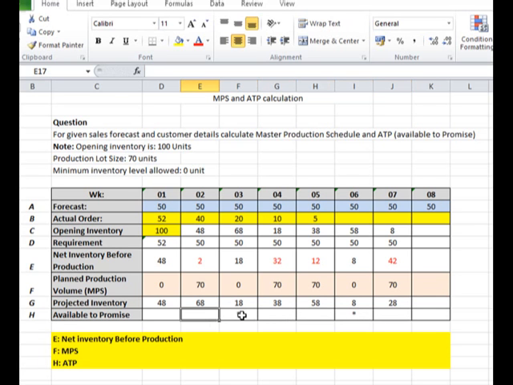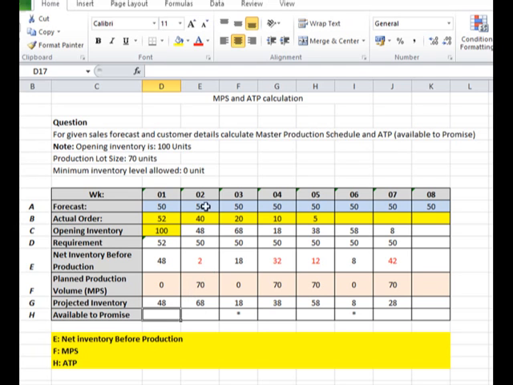Available to promise for the first week is calculated in a different way than the rest, only formula-wise. So what is available to promise? What we produced this week, minus our requirement till the next production cycle, because without disturbing our production cycle, that is how much extra we can provide to our customer.